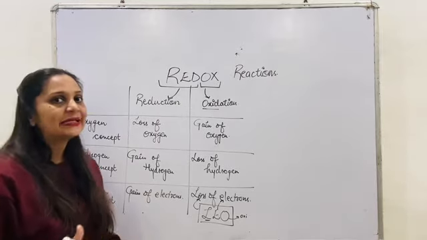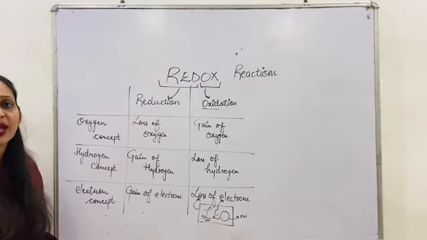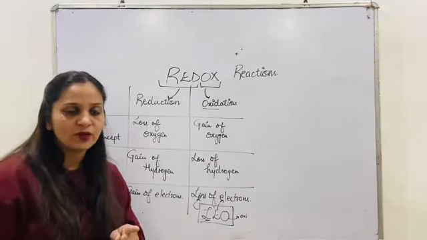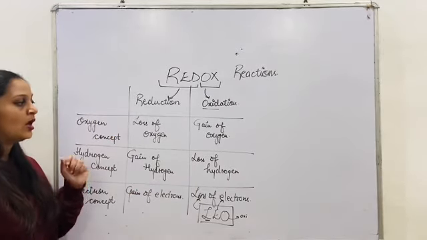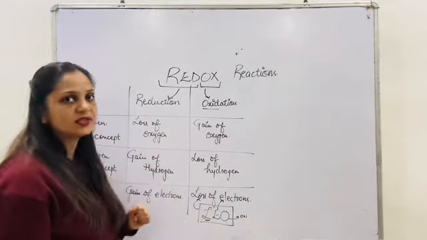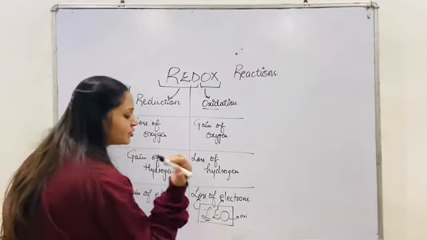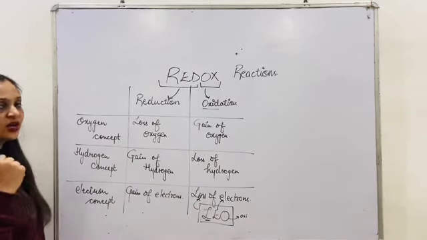So it is quite clear in our mind now what oxidation and reduction are. Gain of oxygen, oxidation; loss of oxygen, reduction; gain of hydrogen, reduction; loss of hydrogen, oxidation. And with Leo, it is clear that loss of electrons is oxidation while gain of electrons is reduction.